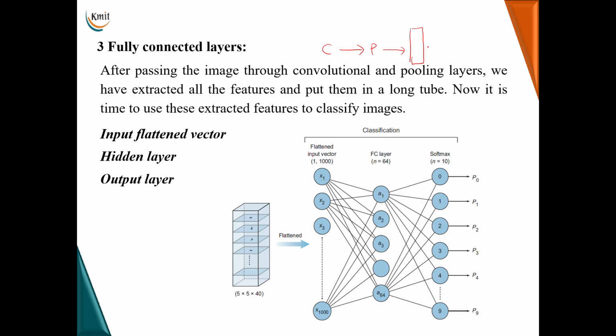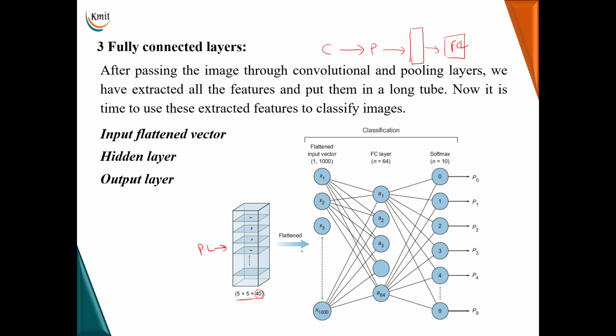flattened box. That is, it is flattened and then given as input to a fully connected layer. You can see here, these are the features which are extracted, that is the output of the pooling layer. You can use any number of pooling layers and convolutional layers. And what do I notice here? I have 5 by 5 by 40. That is, I have 40 layers here, each of size 5 by 5.